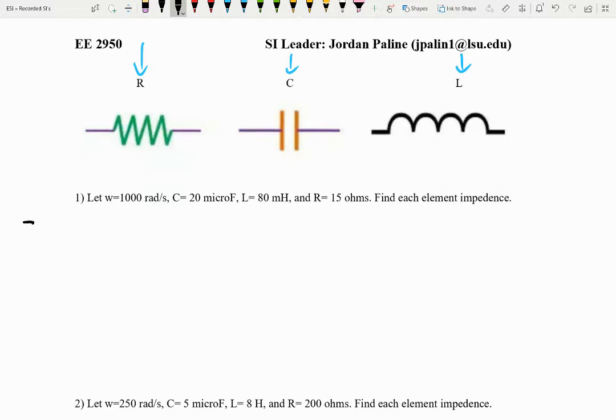So if we want to find Z of R, Z R is just going to be the resistor value at an angle 0.